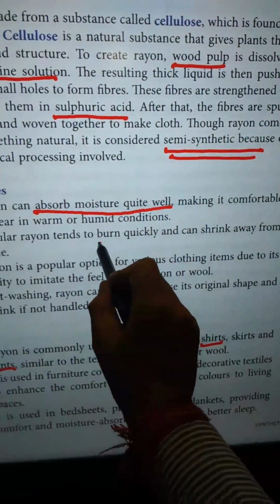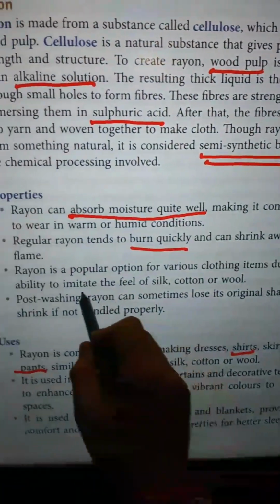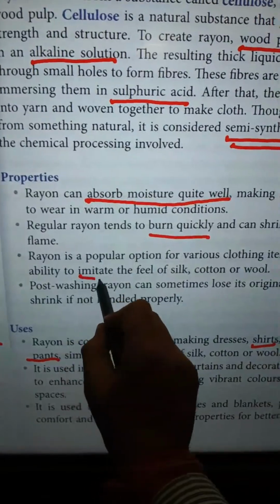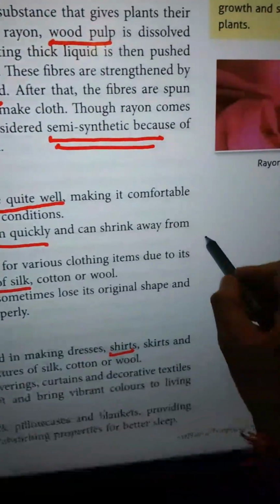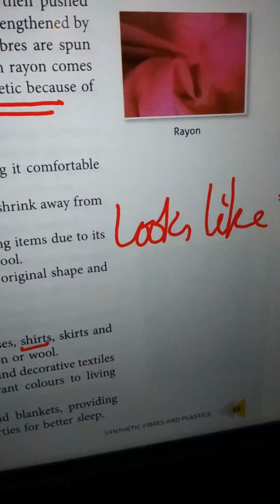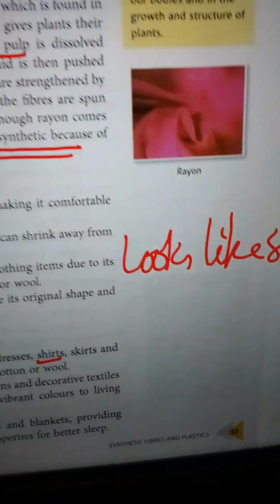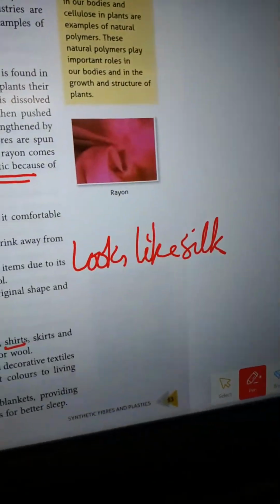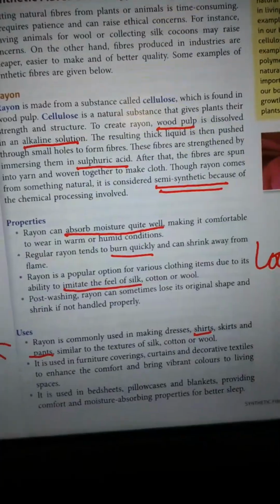Rayon tends to burn quickly. This is a property. It imitates silk, means it looks like silk. That is its property. So why are we using rayon?